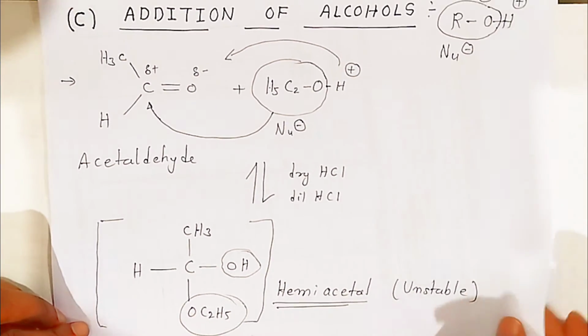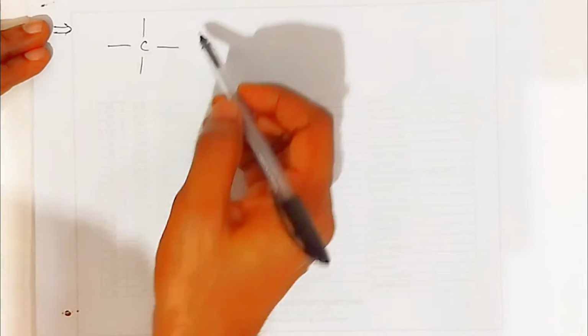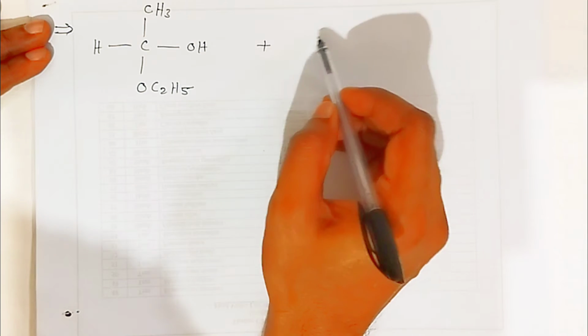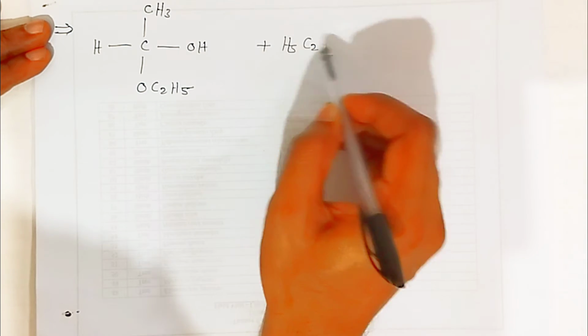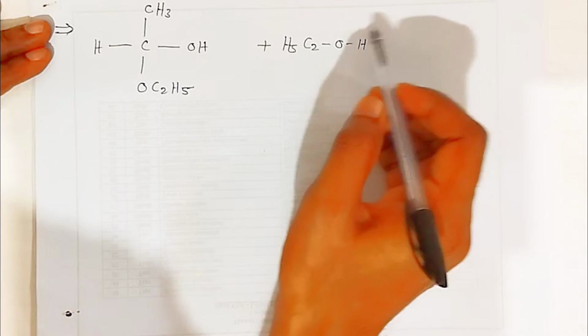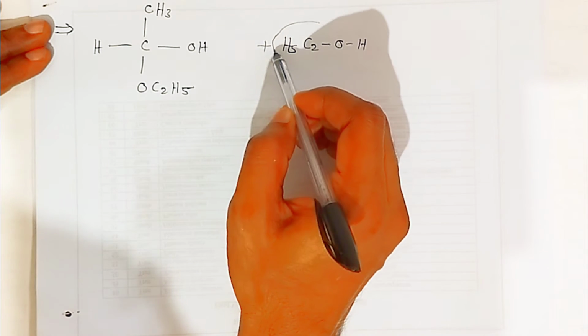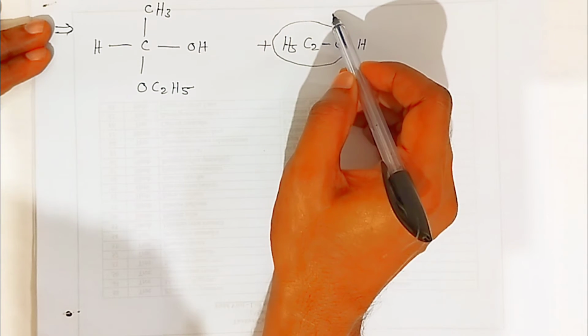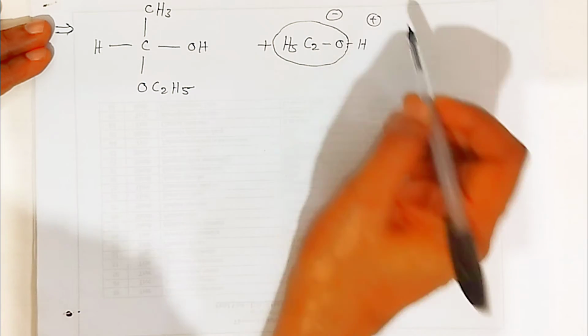So in the second step, C2H5OH ethanol. Here this is ethoxy, which is negative charge, and this hydrogen will be positive charge.